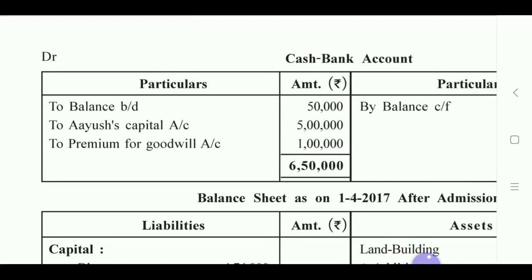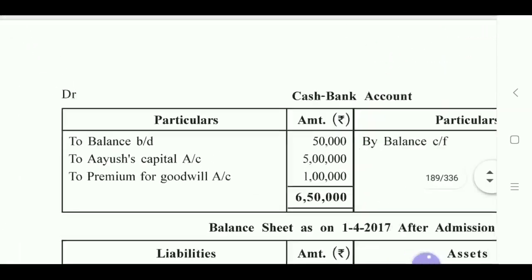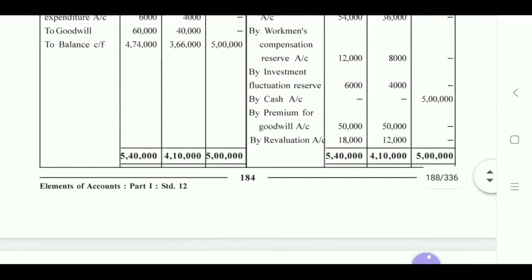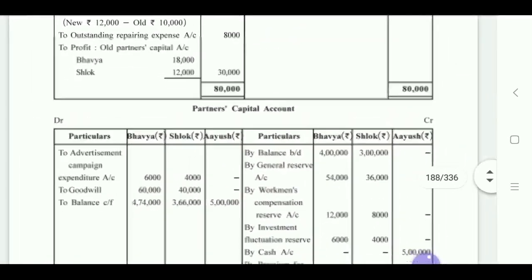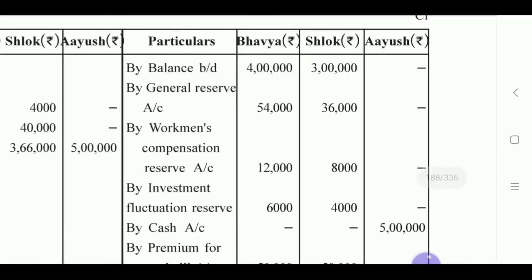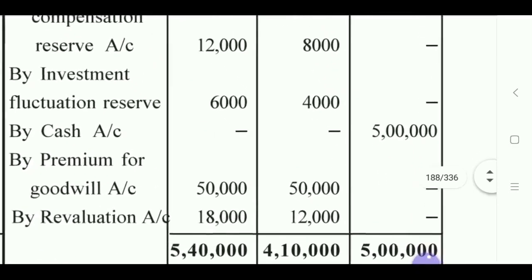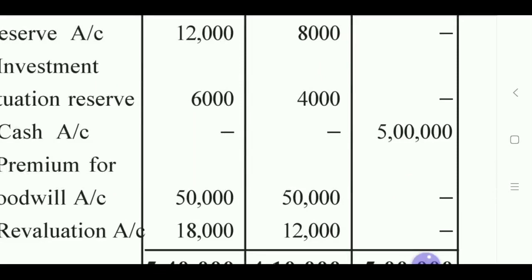Ayush's capital account was credited, so in the process of posting it is written on the debit side. Now let us give the second effect in Ayush's capital account. This is partner's capital account. We have a column for Ayush here. In the journal entry, cash has been debited, so in the process of posting cash has been credited here. This is the second effect for this journal entry. Okay?